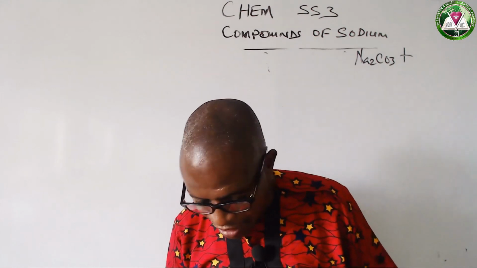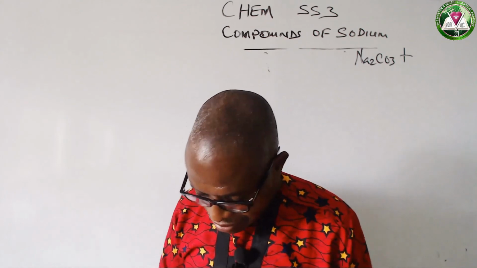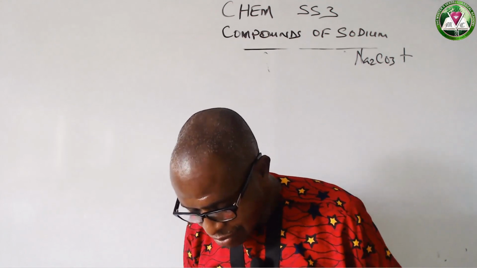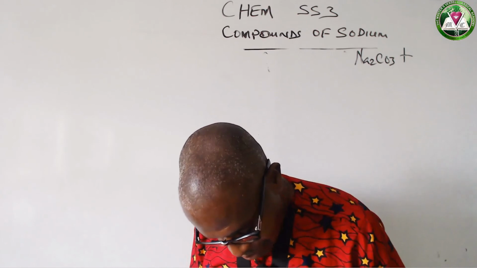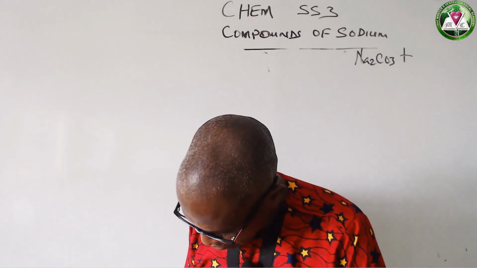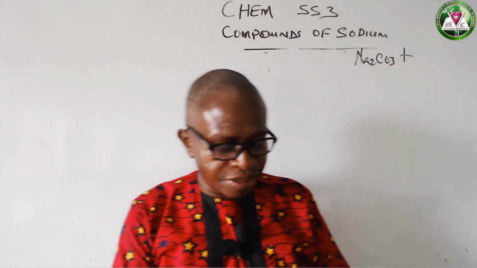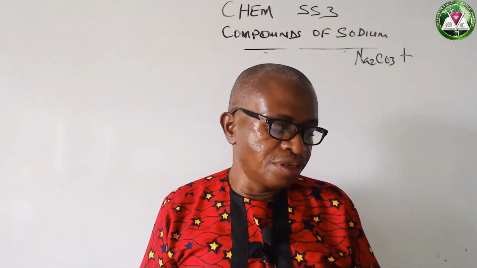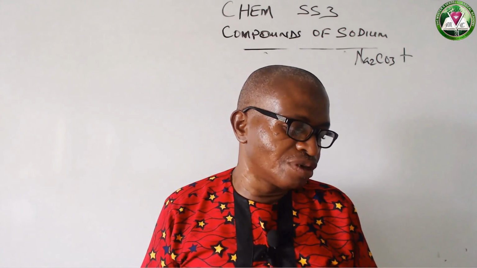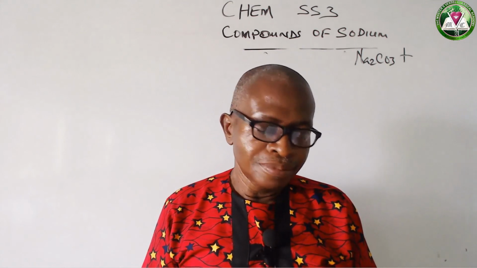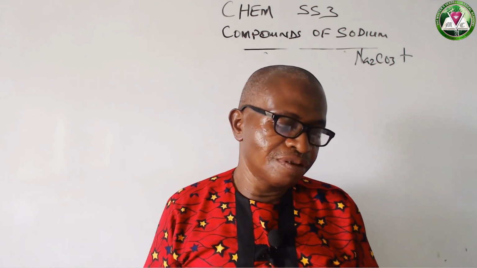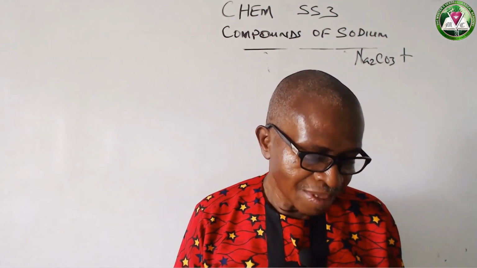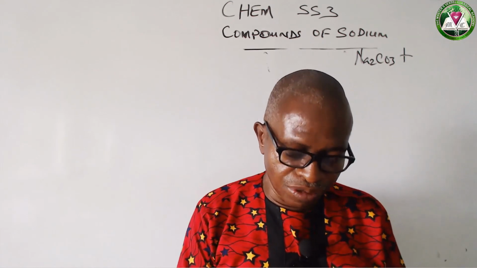For your evaluation, you can write question number one: name the two types of cell used in manufacture of sodium hydroxide and give the electrode used in the two cells.